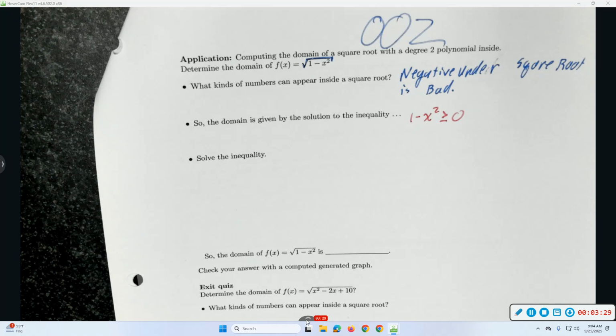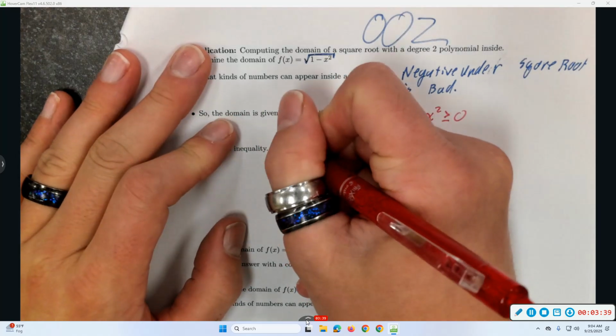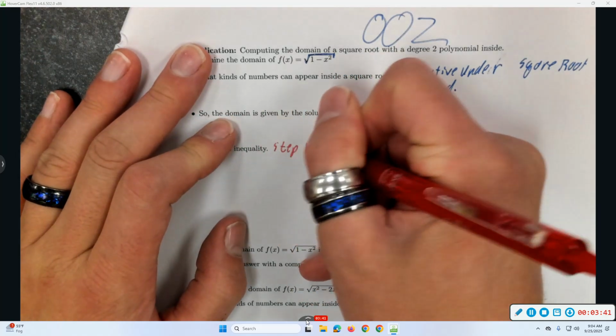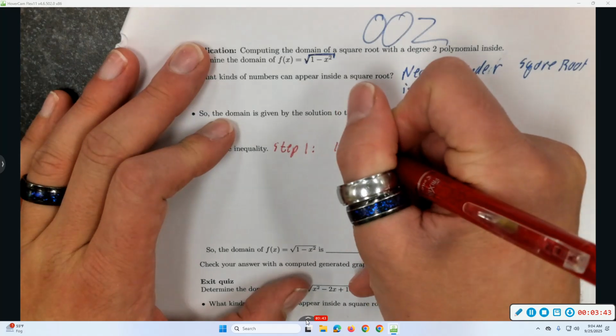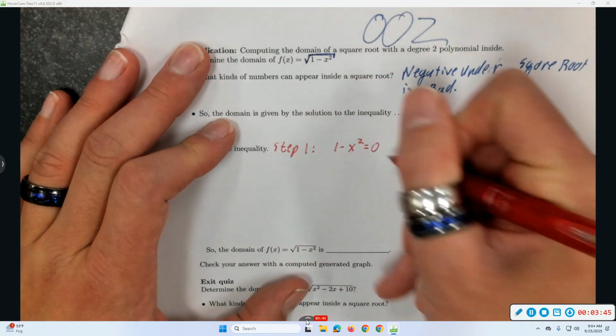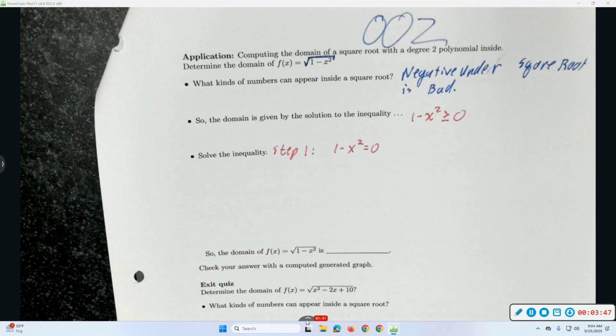That looks like a reasonably easy inequality to solve. And if you like, you can follow the algorithm that's on the previous page. So step one, solve the equality. Go ahead and solve that. Tell me what the solutions to the equality are.